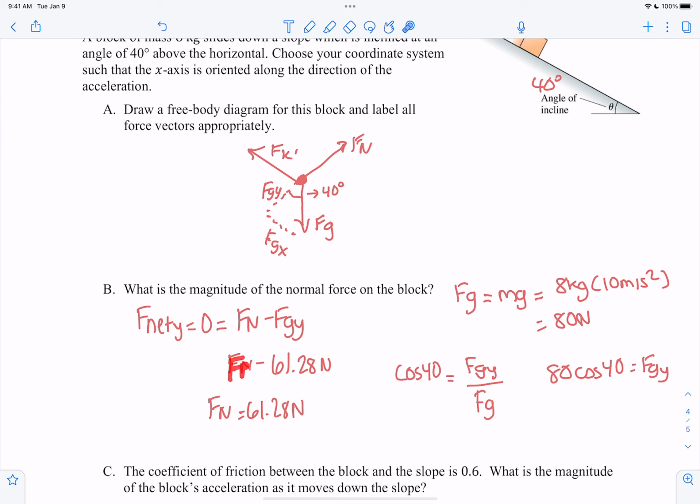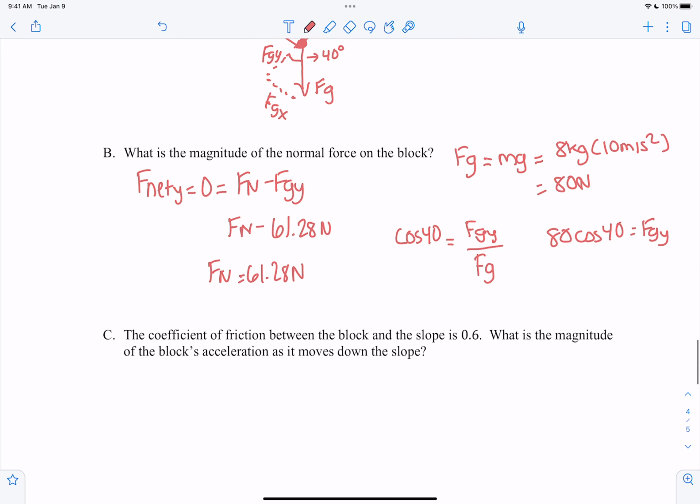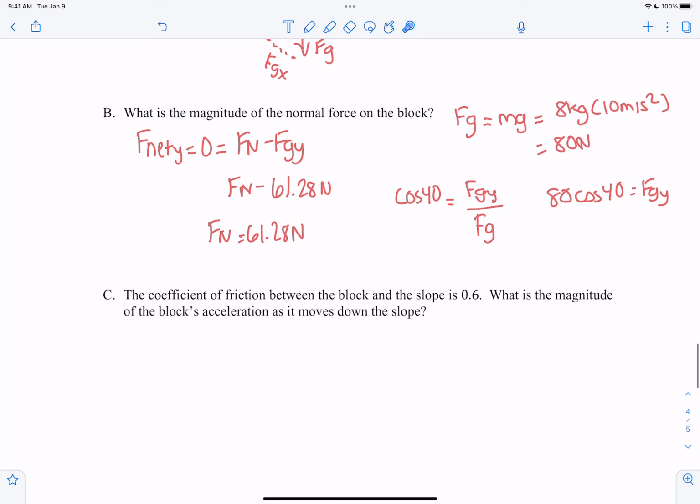So we do Fn minus 61.28 equal to 0, add things over, and normal force is equal to 61.28 newtons. That's our magnitude for the normal force. Like I said before, if you want to do Fn plus Fgy, you would have to throw in a negative 61.28.